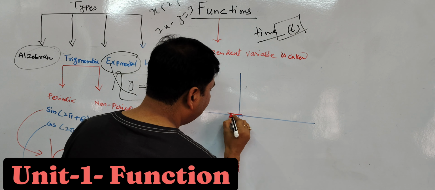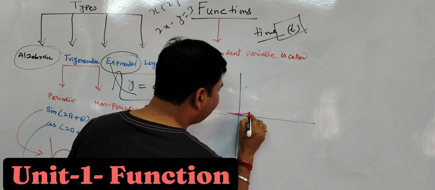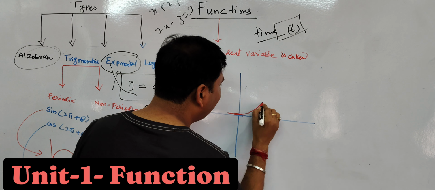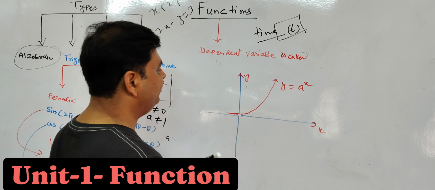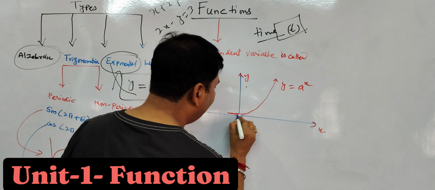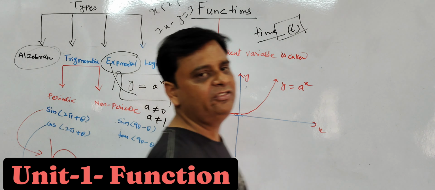Here the graph is very close to the x-axis, but it should not touch the x-axis. So say y equal to a to the power x. This is the graph of exponential function. Remember, the graph of exponential function should not touch the x-axis because it only approaches the x-axis.